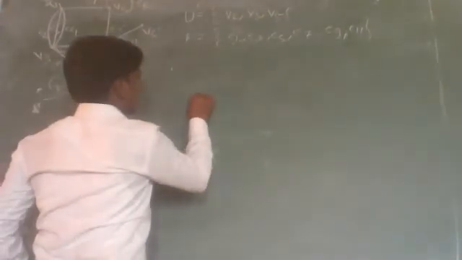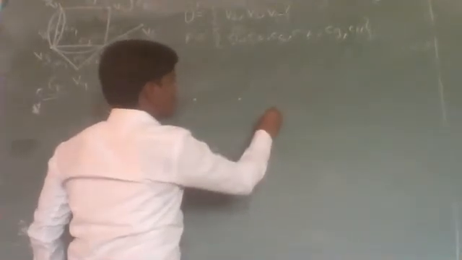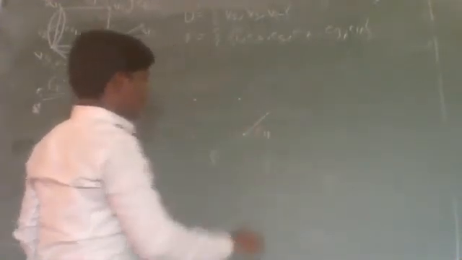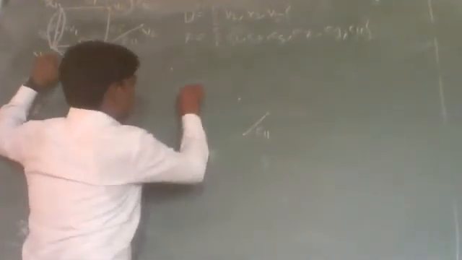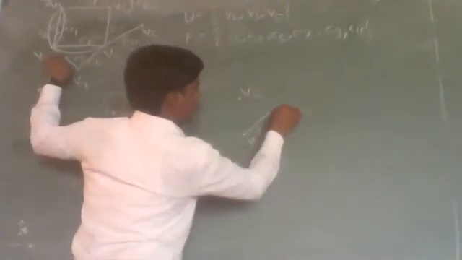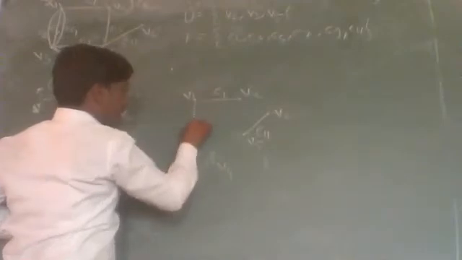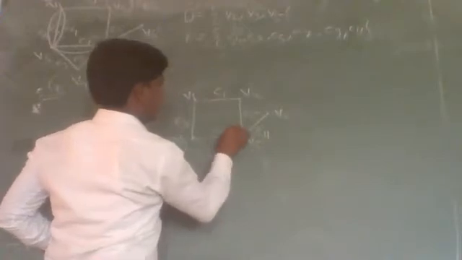So we have to take all these six vertices from graph G. So this is E11, E9, E11.